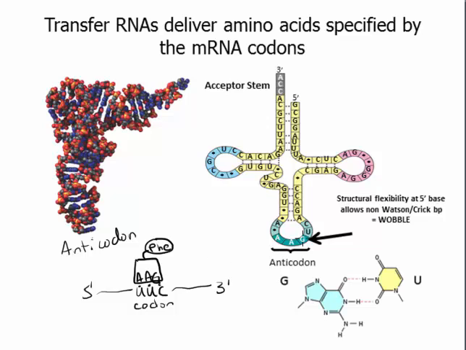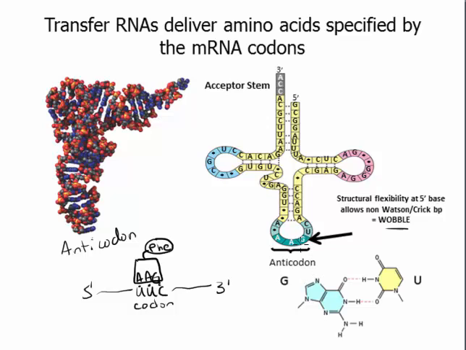It turns out that there's some structural flexibility at that position, and that leads to a scenario where this nucleotide at this position can assume some different orientations, and because of that we can get some promiscuous base pairing or non-Watson-Crick standard base pairs, and those interactions are referred to as wobble, right? Sort of alluding to the fact that it's caused by that structural flexibility.